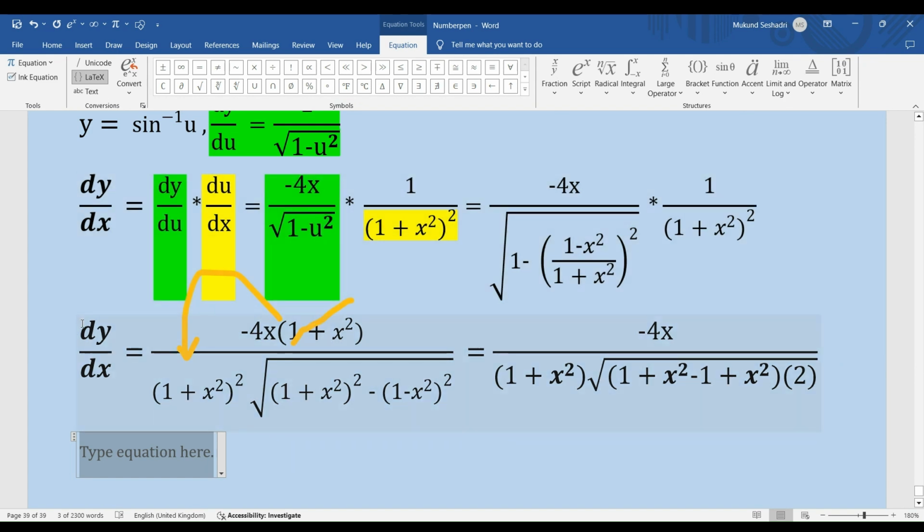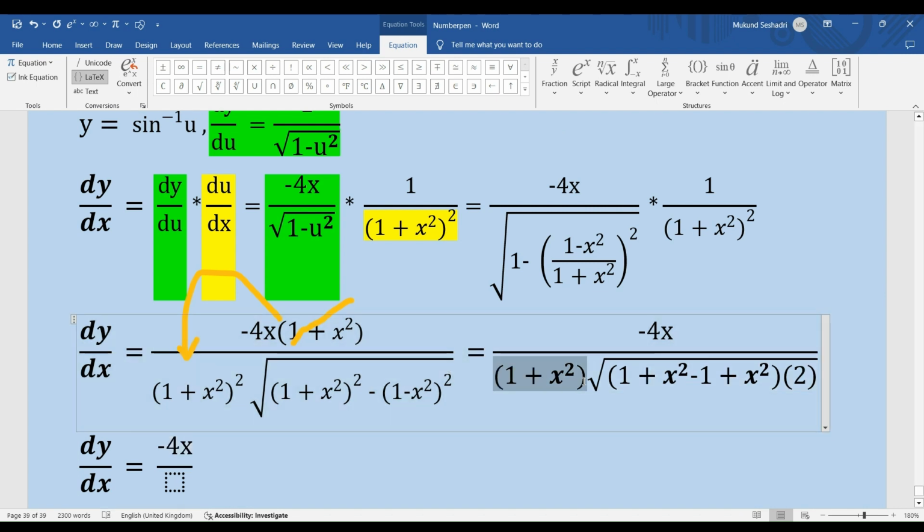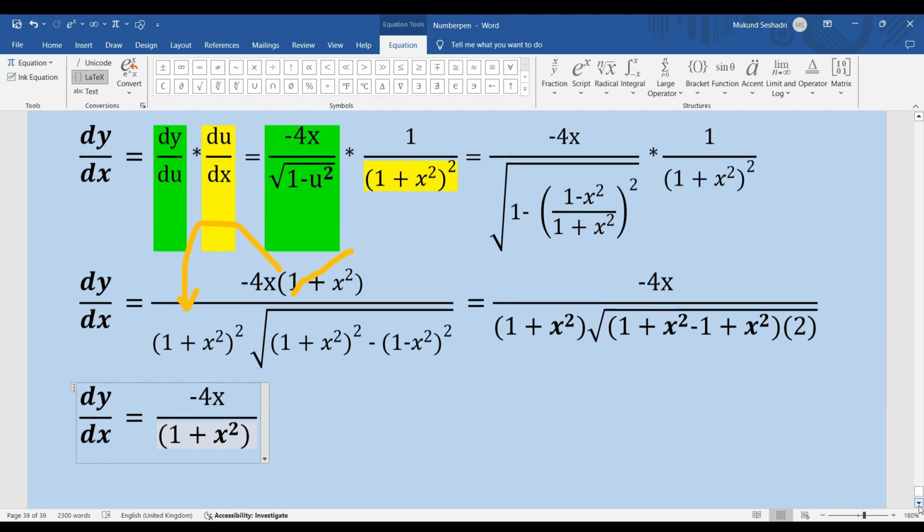Again, write my dy by dx, and we more or less arrived at what we want to, which is our final answer. I have my numerator as minus 4x, and then I have a 1 plus x squared in the denominator. And the next step would be to figure out what we have inside the square root, right?